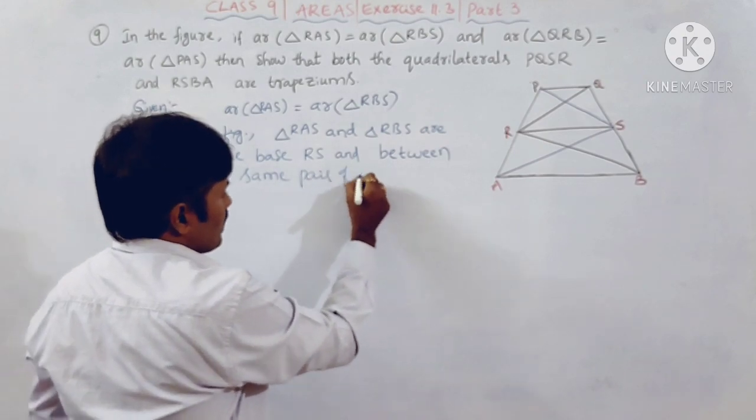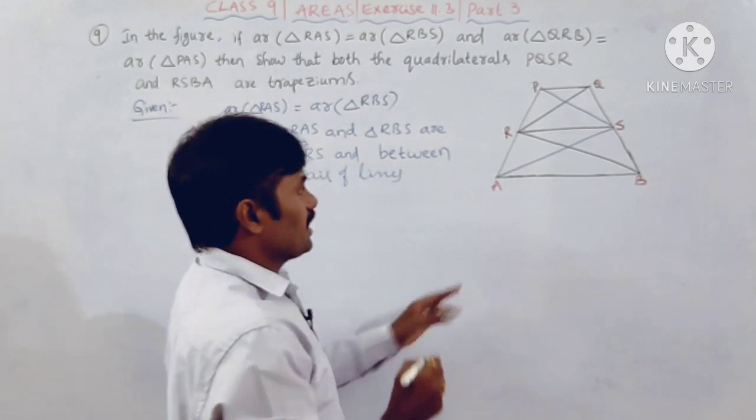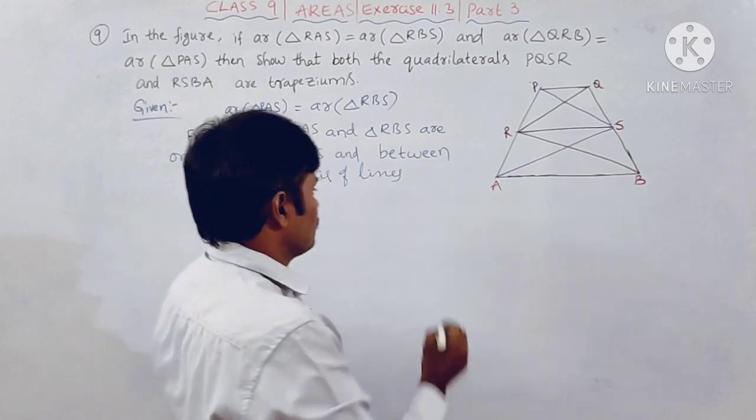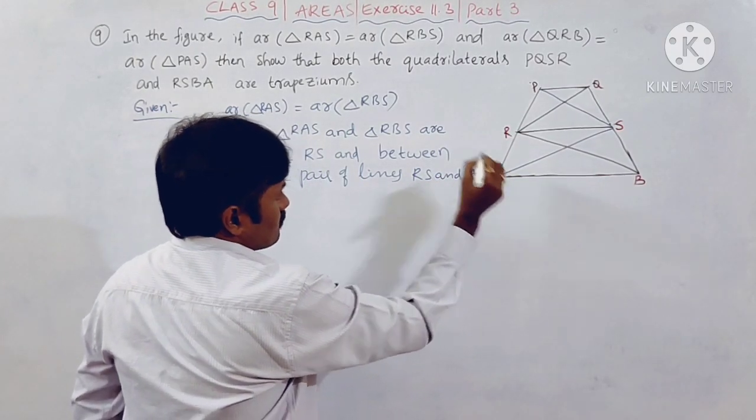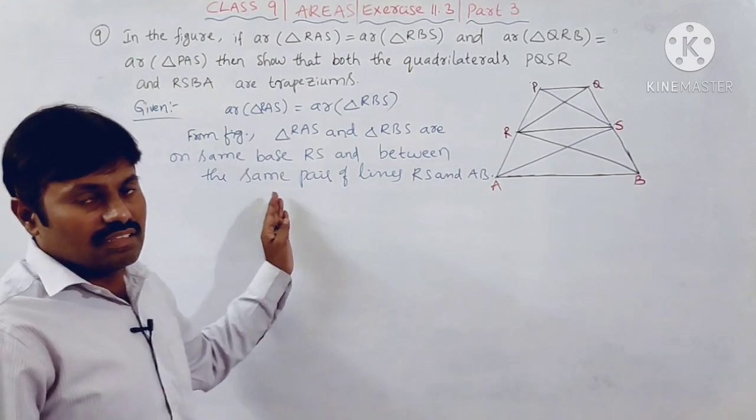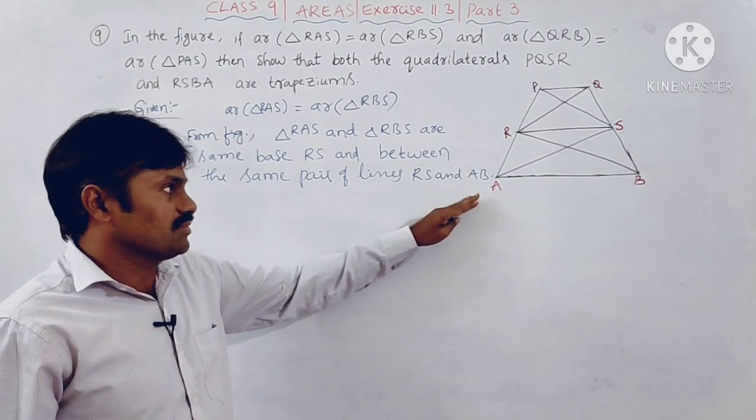What are those pair of lines here? Those are RS and AB, between the same pair of lines RS and AB.